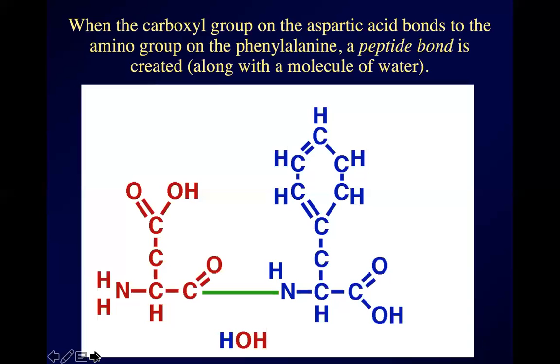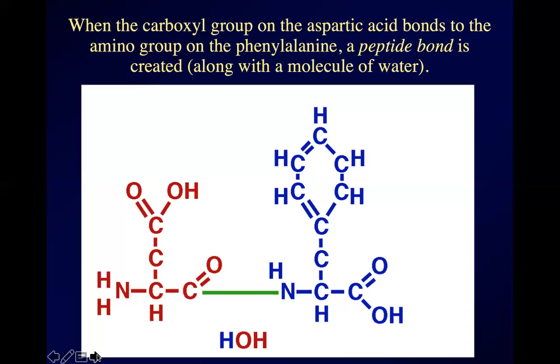All we'd have to do is stick each amino acid's amino group to the carboxyl of the last amino acid in the chain, right?